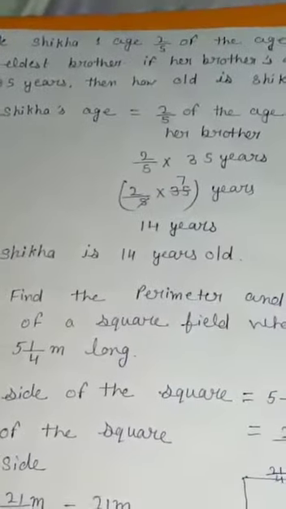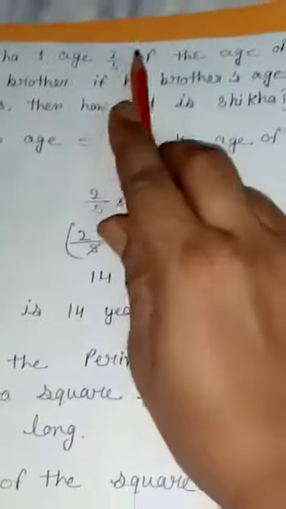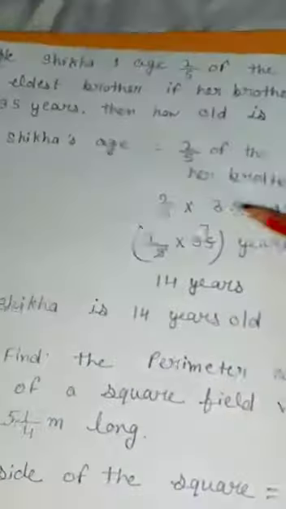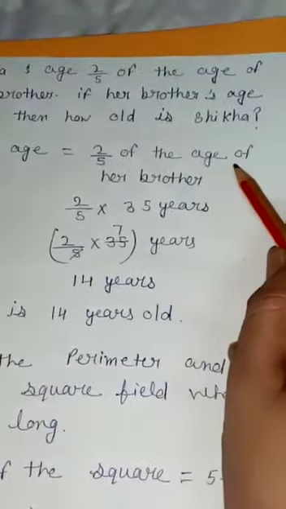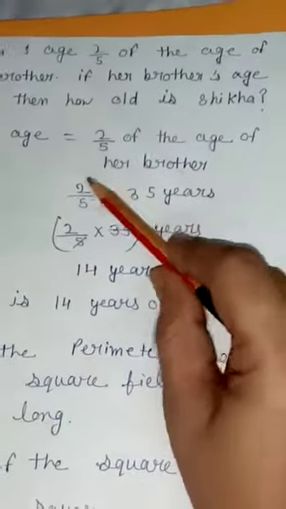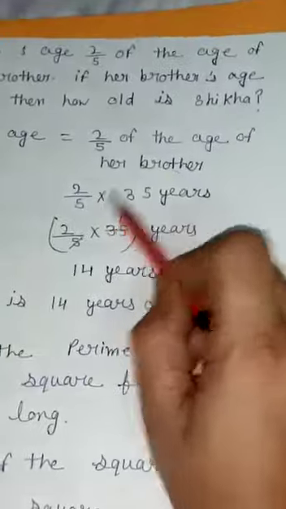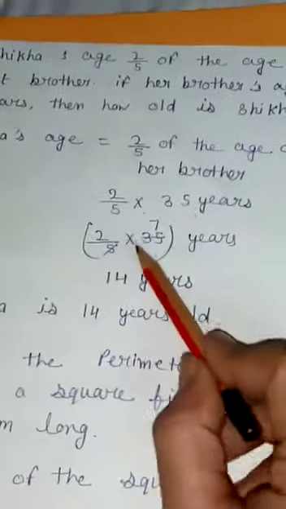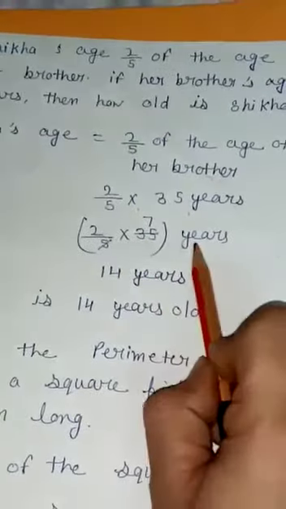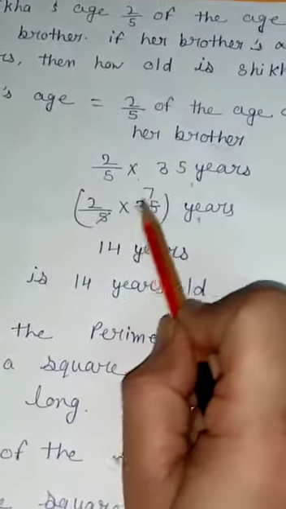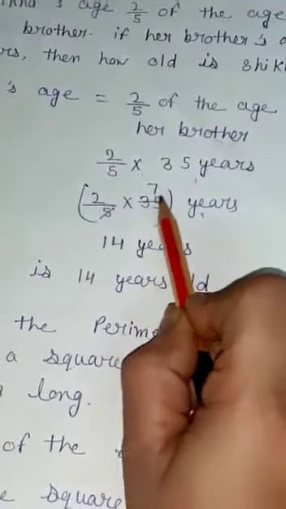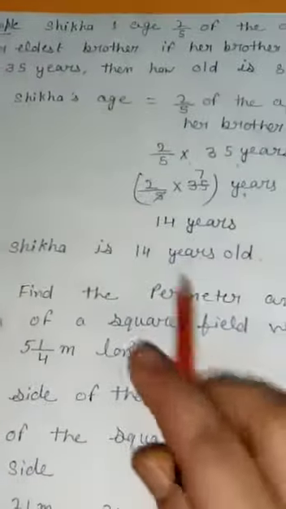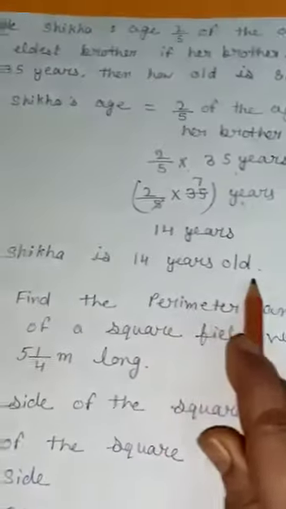According to this question, Shikha's age is 2 by 5 of the age of her elder brother, which means 2 by 5 of means multiply her brother's age 35 years. Now 2 by 5 multiply 35 years. 5 ones are 5, 5 sevens are 35. 2 multiply 7, 14 years. Thus Shikha is 14 years old.